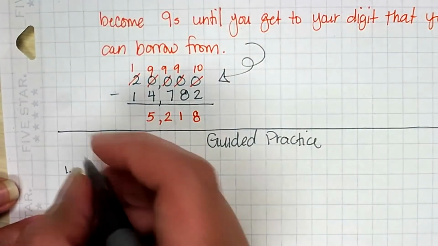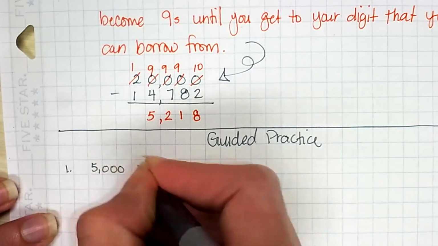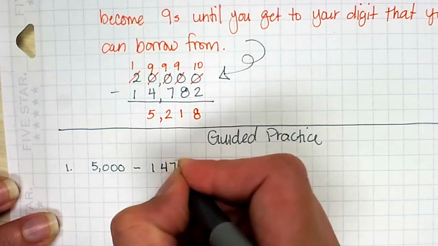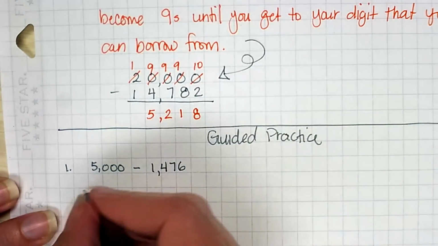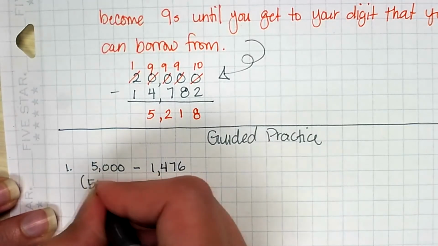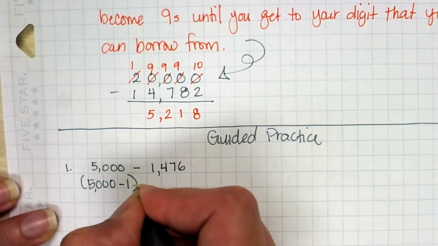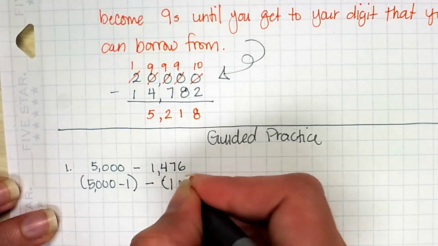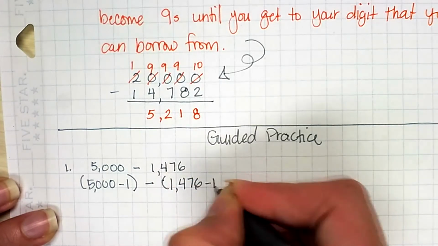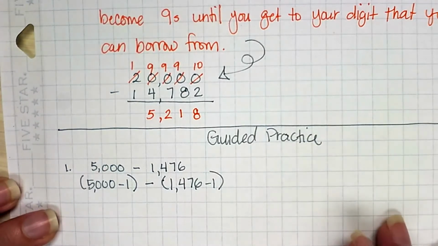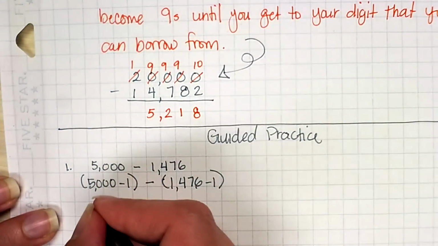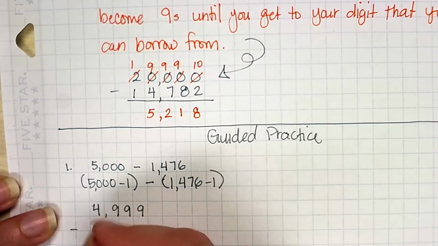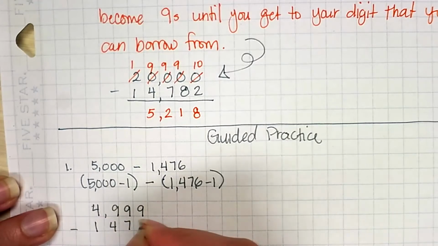So instead of 5,000 minus 1,476, she did 5,000 minus 1, take away 1,476 minus 1 to find her answer. So this becomes 4,999 minus 1,475.